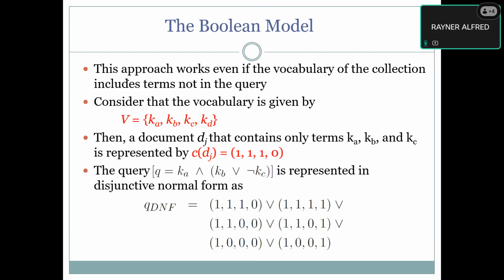Okay, let's suppose we have 4 keywords now, and we are still using the same query as before. But if you look here, since our query does not have D, we don't care whether the document consists of keyword D or not.